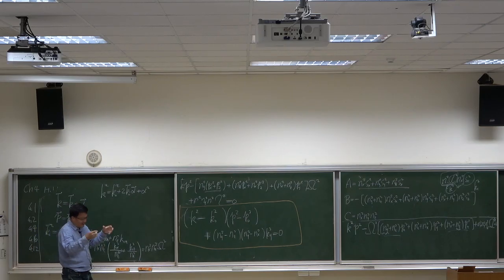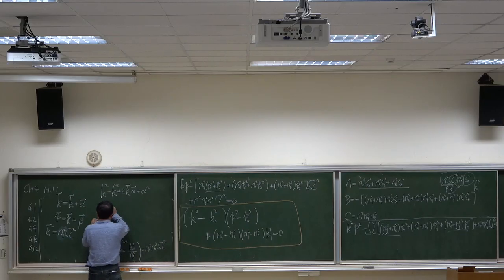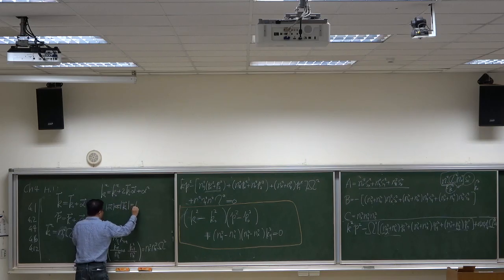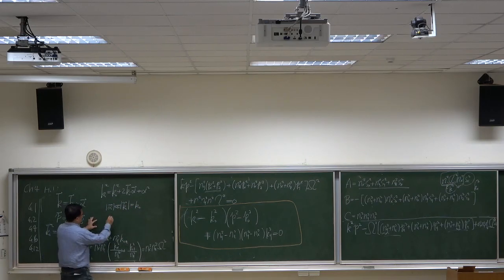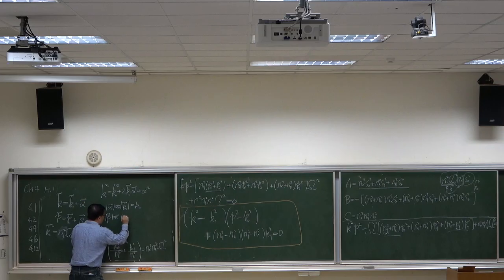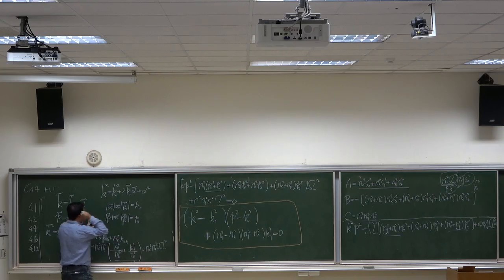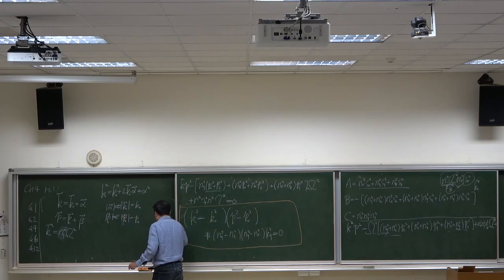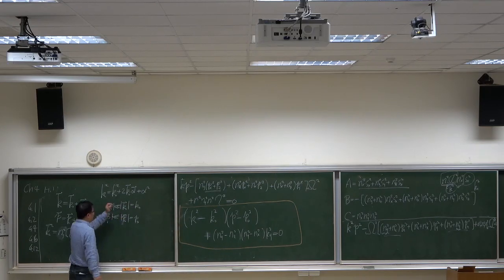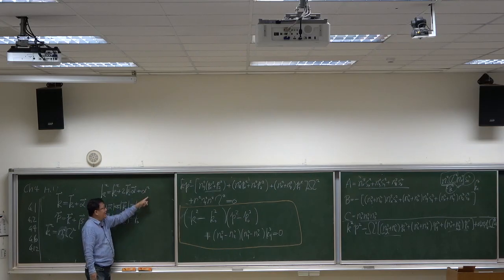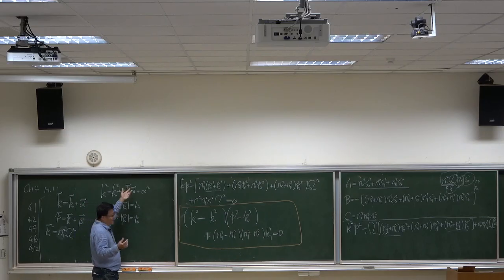However, since we consider alpha to be much smaller than K naught, and beta is much smaller than P naught, if we compare this term with this term, then this term can be ignored if we are accurate up to the first order in alpha.